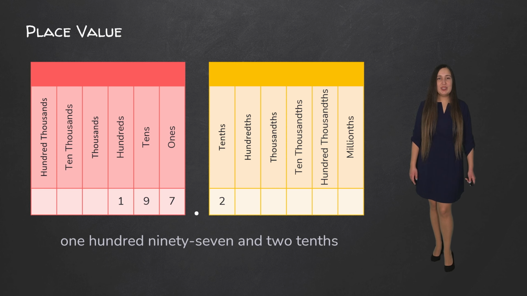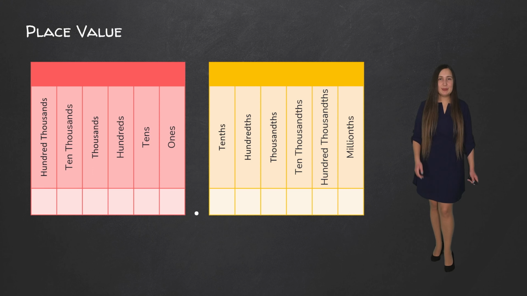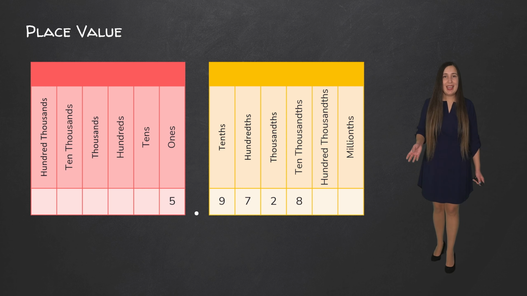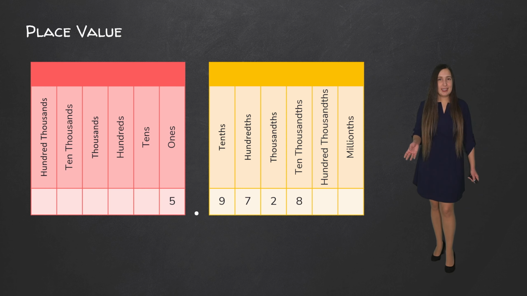So let's do another example, and this time let's make it a little more challenging. So here we have quite a few digits that are after the decimal place. So before the decimal place we have 5, and we're going to read that number out completely, so 9,728.